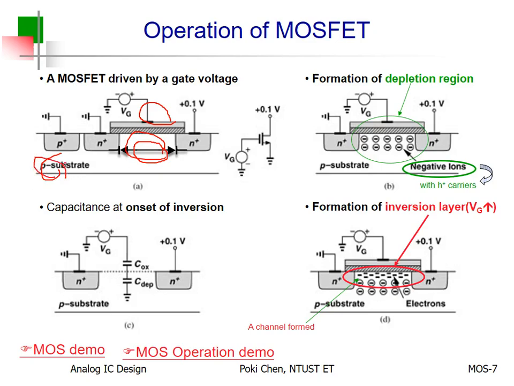Anyhow, both layers, the top gate and the bottom substrate, are conductive. In between, you have insulator. Oh, congratulations! What's that kind of structure? Capacitor. Two conductive layers, in between one insulator. Good enough to be a capacitor.